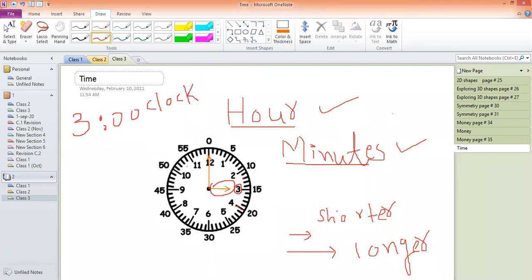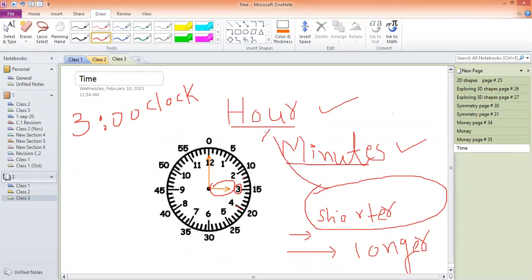Again, I repeat, guys, for reading a time, what will you see? You will see the short hand first, because the short hand tells you about the hours. The short hand is at 3. Now you will check after 3 how many minutes have passed. For that, you will check the intervals, or the longer hand.